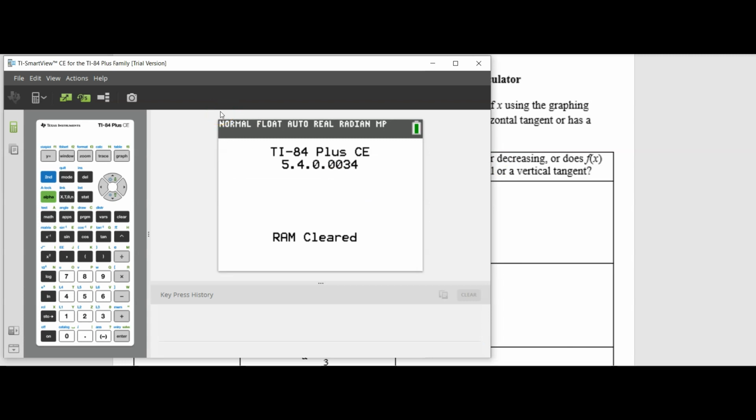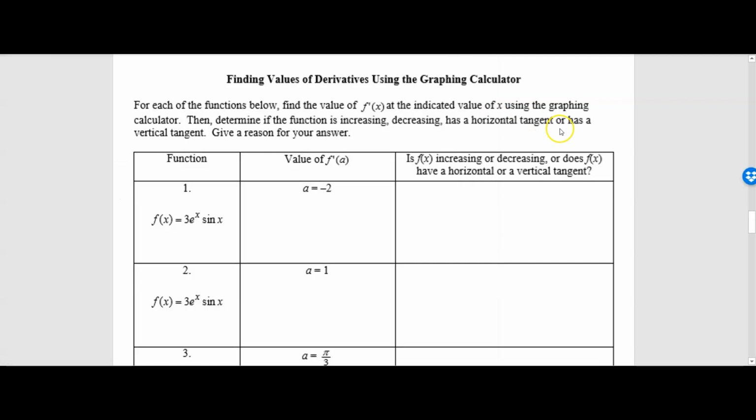When we are trying to take a derivative on a calculator, we need to only attempt this when we're evaluating the derivative for a specific value of x. If we come back here, we can see that we need to evaluate this derivative at -2.